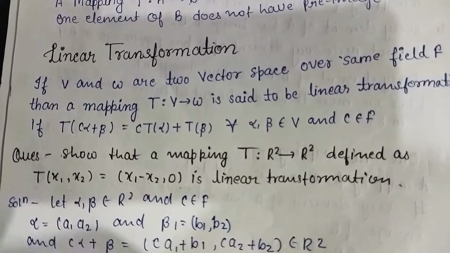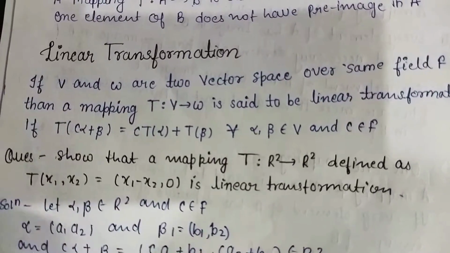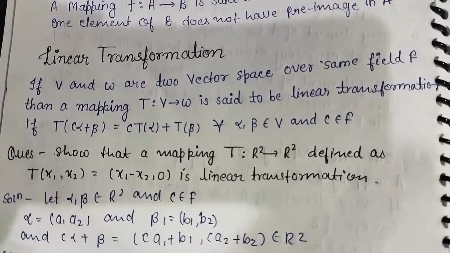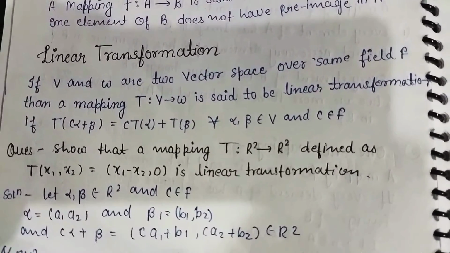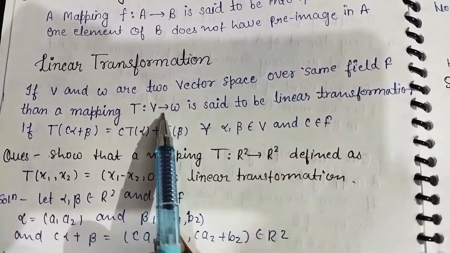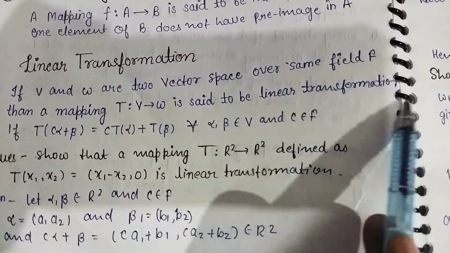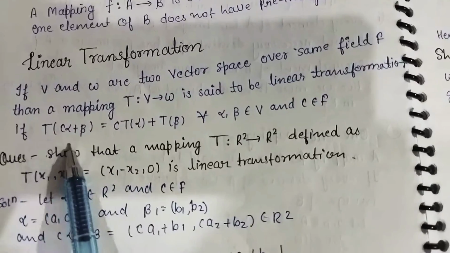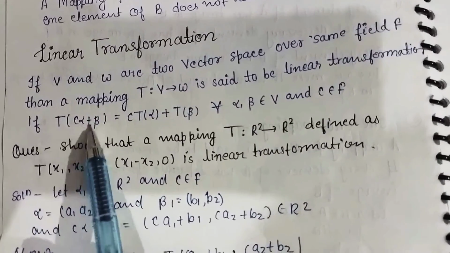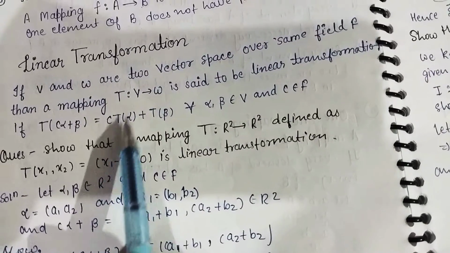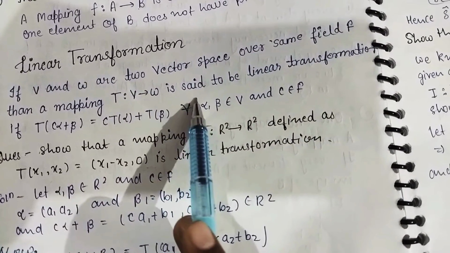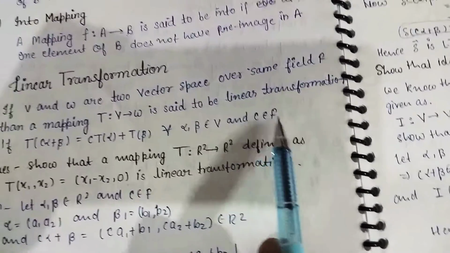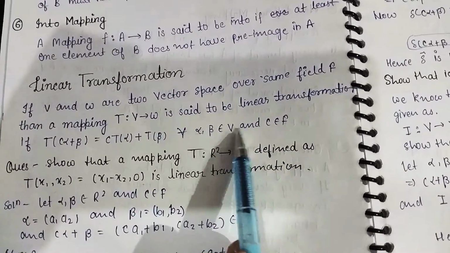If V and W are two vector spaces over the same field F, then a mapping T: V → W is said to be a linear transformation if it satisfies this property: T(cα + β) = cT(α) + T(β) for all α, β belonging to V and c belonging to F. F is the field and V is the vector space.